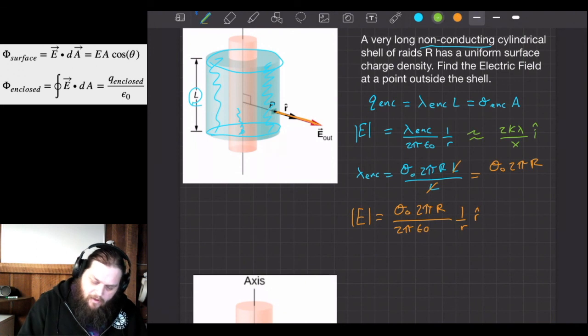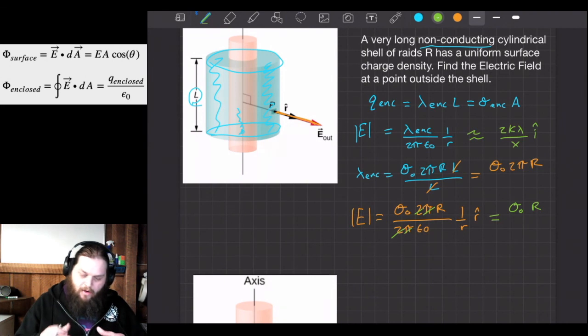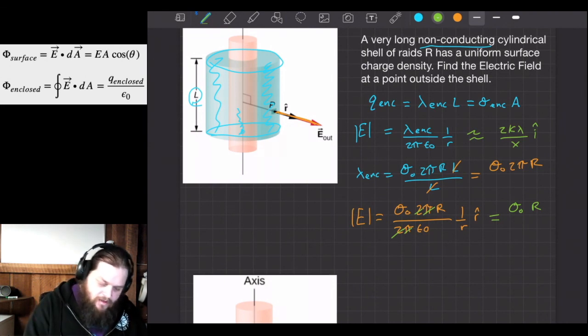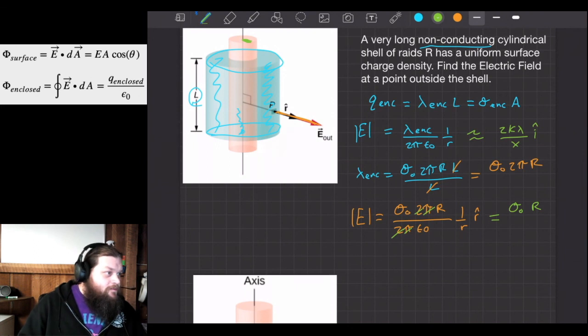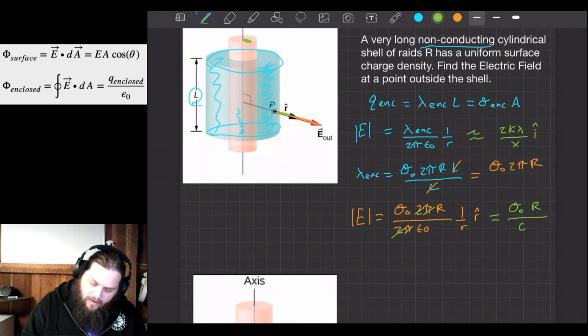Simplifying some more, the 2 pi's cancel out, and we're left with sigma naught, our charge density per area, times our radius, and that's the big R, which is, I guess, the radius of the wire up there, because little r is our vector, divided by epsilon naught times 1 over r.